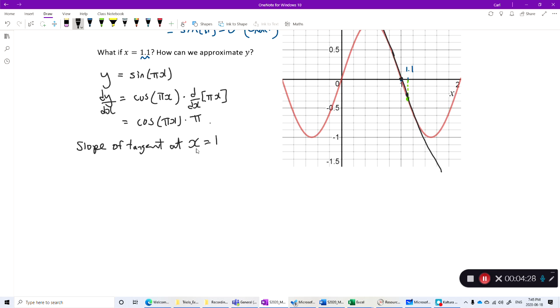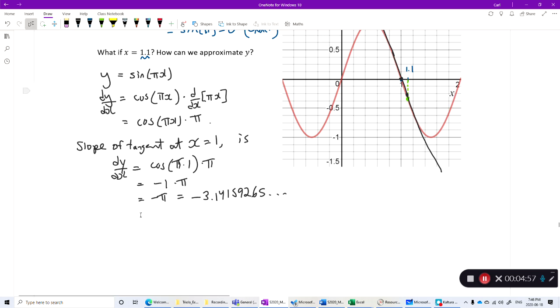At x equals 1, dy/dx is cosine of pi times 1 times pi. Now what is cosine of pi? This is one that we should know exactly. Cosine of pi is -1. So it's negative pi, which is negative 3.1415926, etc.